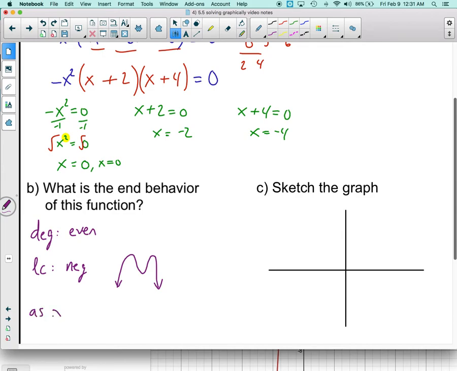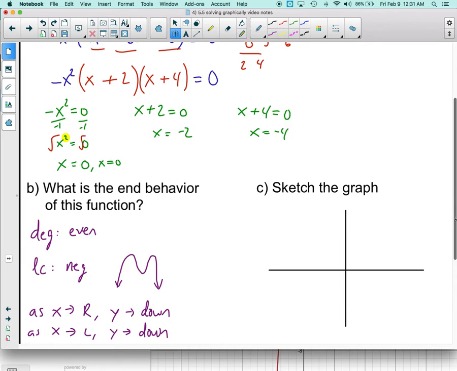As x goes right, what's our right end doing? It's going down. And as x goes left, y is also going down. Both ends are going down. Okay, so there's our end behavior.